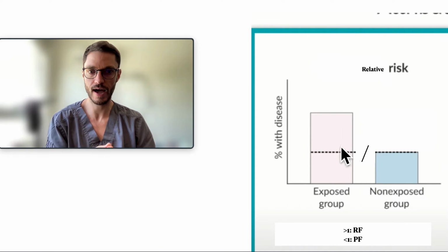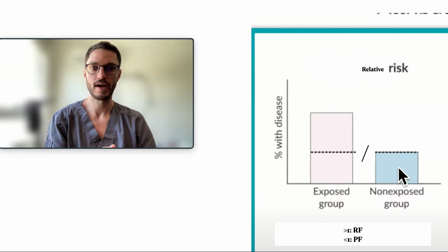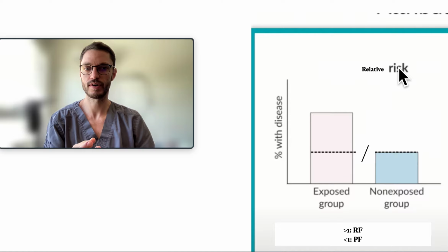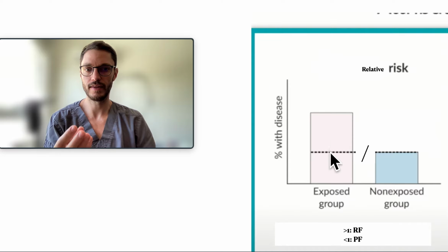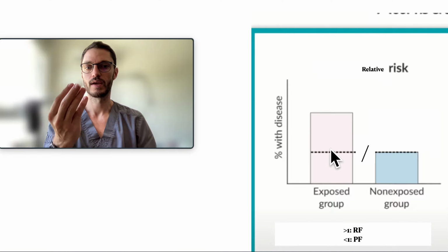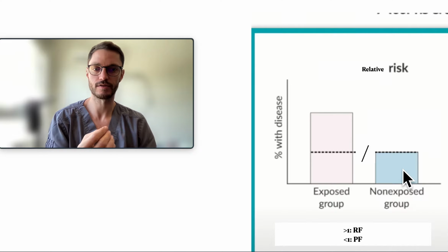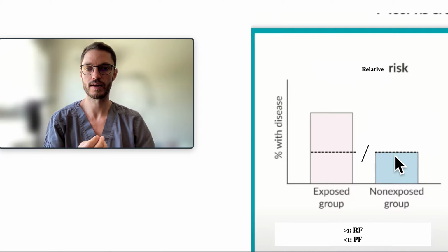So here we know the outcome in the exposed, and here we know the outcome in the not exposed group. How do you calculate relative risk? You divide the incidence in the exposed group over the incidence in the non-exposed group. That will give you the relative risk.